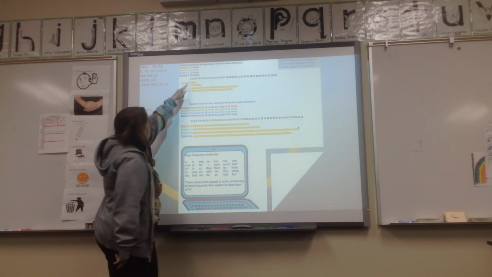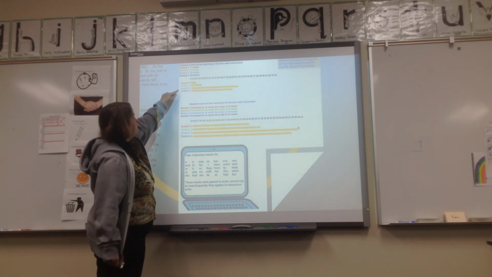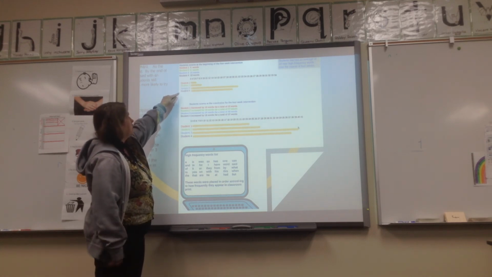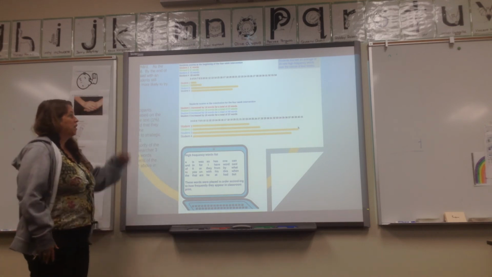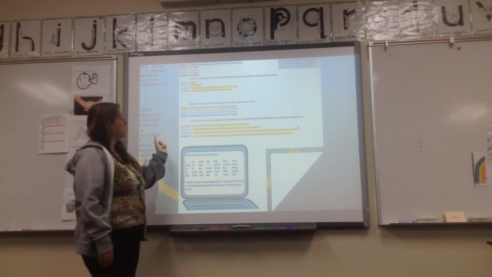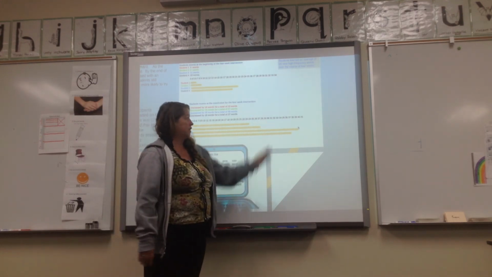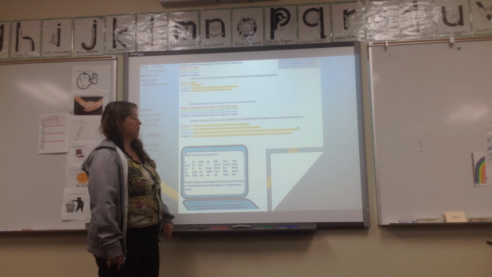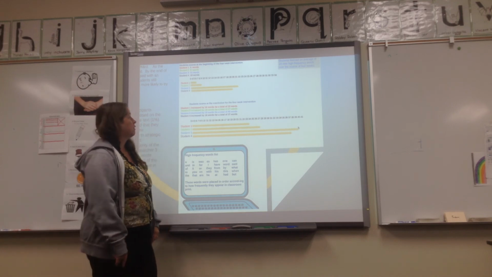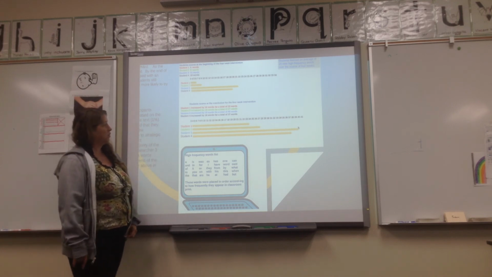Student 1 had 5 words, and student 2, 9, student 3, 21, and student 4 had 19. So they all kind of had just a basic understanding. So at the end of the 4 weeks, the improvement was quite significant, and each student basically increased their words by 18 words.